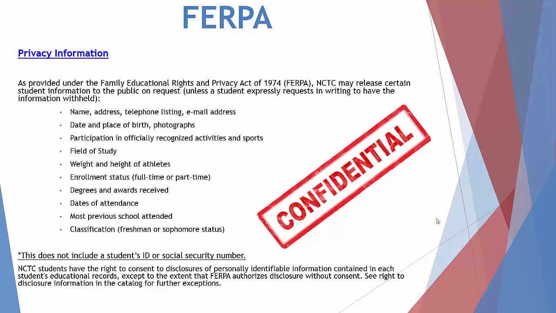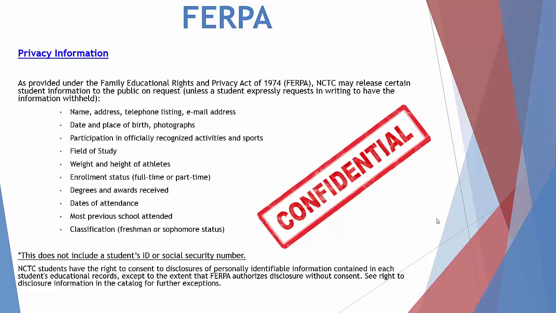This information includes your name, address, telephone listing, email address, date and place of birth, photographs, participation in officially recognized activities and sports, field of study, weight and height of athletes, enrollment status, full-time or part-time, degrees and awards received, dates of attendance, most previous school attended, and classification, freshman or sophomore status. This does not include a student's ID or social security number.